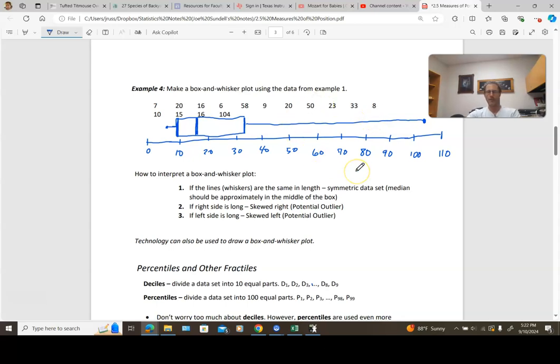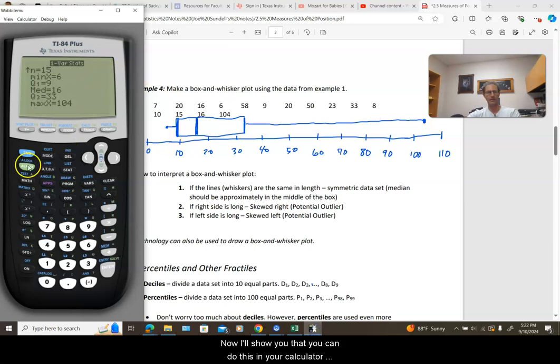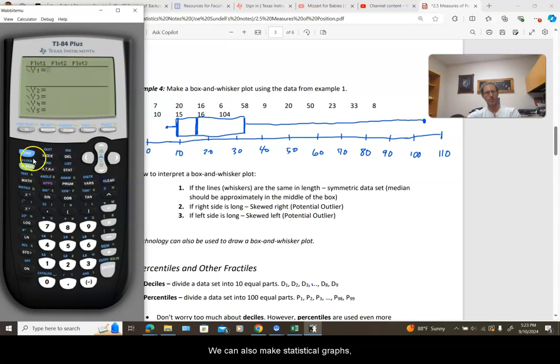Okay. Now, I'll show you that you can do this in your calculator as well. If you guys have taken algebra before, you know that you use this y equals a lot for graphing functions. But we can also make statistical graphs, but we have to go to stat plot. So you have to hit second and then the y equals.